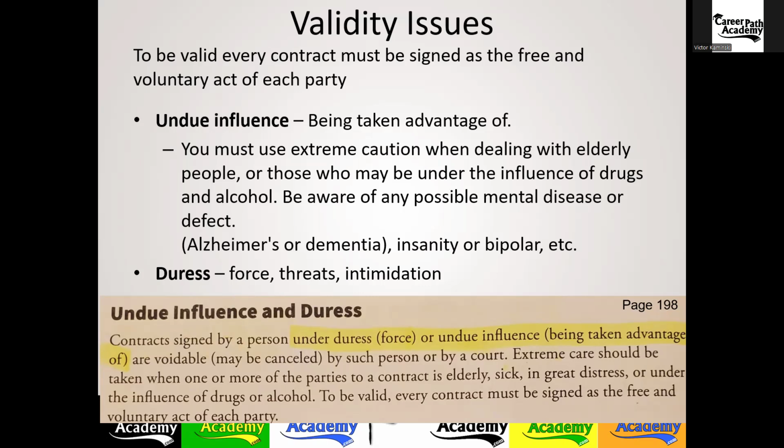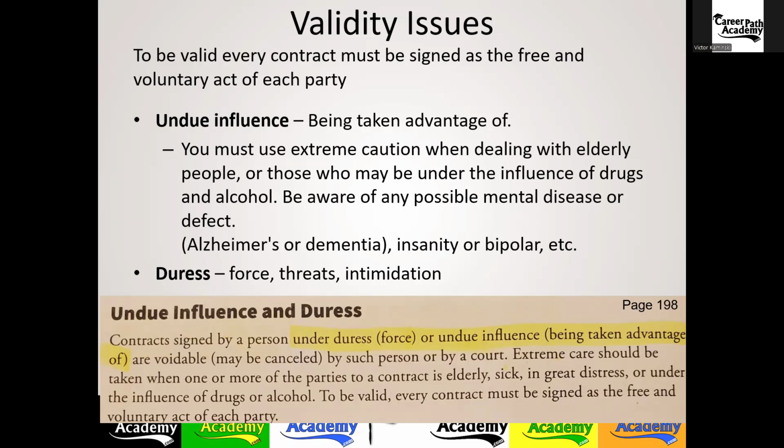Listen, elderly people, those not of sound mind, those in hospital beds who think that they are dying, or just in a lot of pain, may be under a lot of stress, and you could be taking advantage of them, unduly influencing their decision in selling a property. You should not be going to visit anybody in a hospital bed to sign a contract.